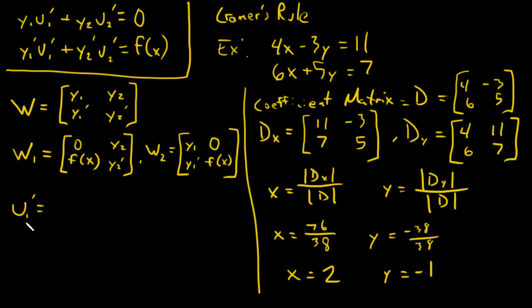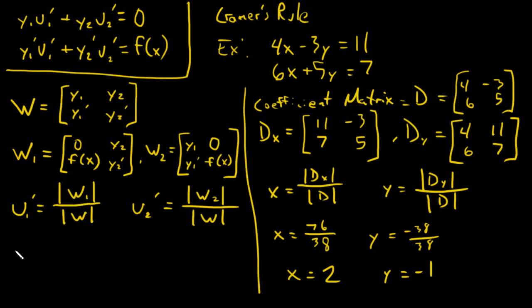u1 prime is going to equal W1's determinant over W's determinant, and then u2 prime is going to equal W2's determinant over W's determinant. Okay, so what do I get with this? Well, it's going to look terrible, but it's not. u1 prime is going to equal, well, the determinant of W1 is going to be 0, and then minus y2 times f of x.